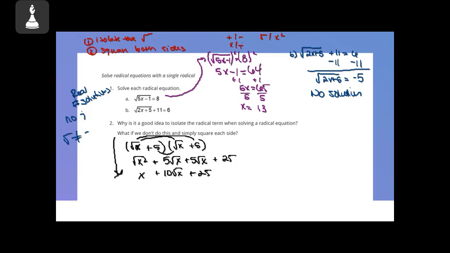When not isolated, there are still radicals. This is easier. You're going to get easier pieces to work with. I don't want to do FOIL. FOIL is way more work, and it's not actually helping me in the end.